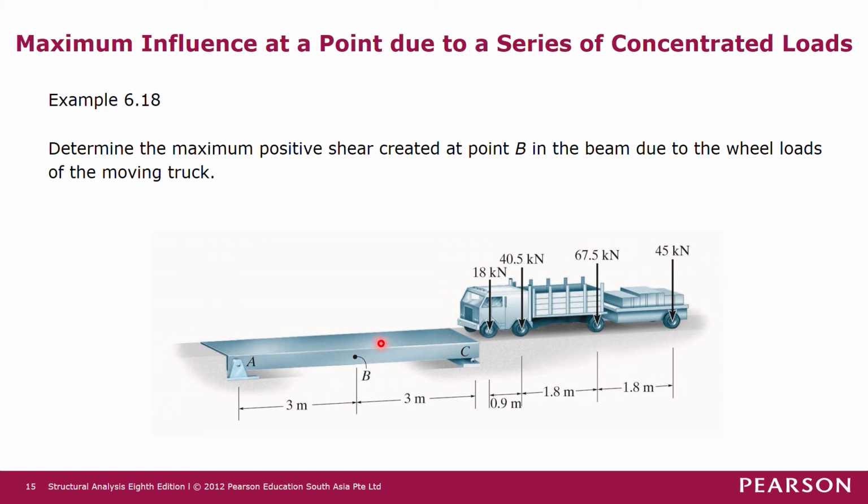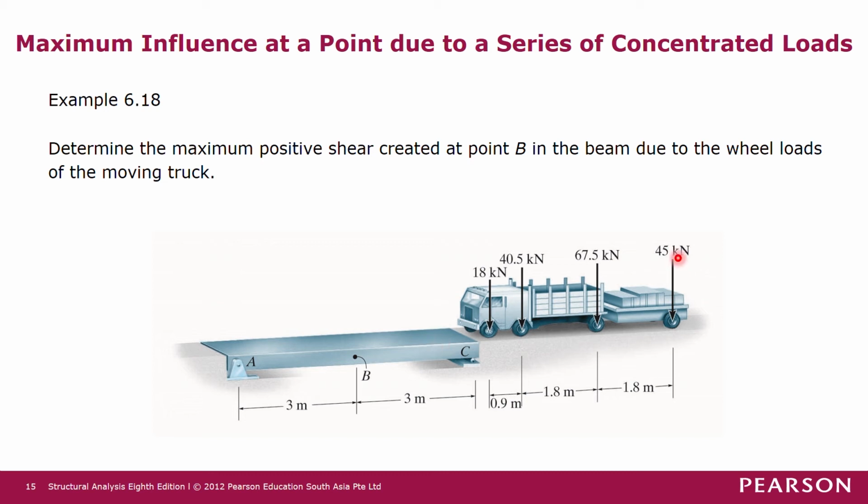When the 18 kilonewton force moves by 0.9 meter, it will move from here to here, the 40.5 kilonewton force will move from here to just to the right of point B, and the 67.5 kilonewton force will move from here to here by 0.9 meter.